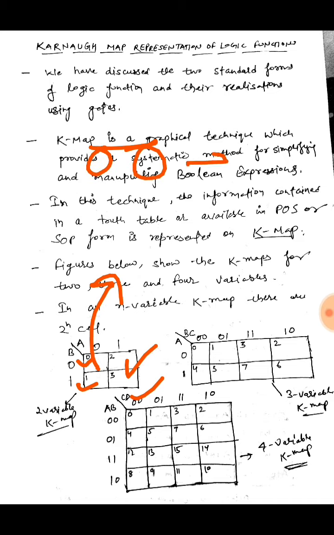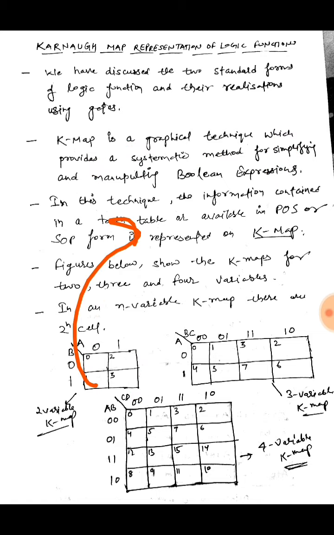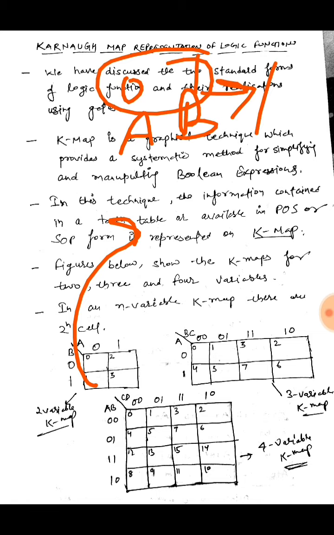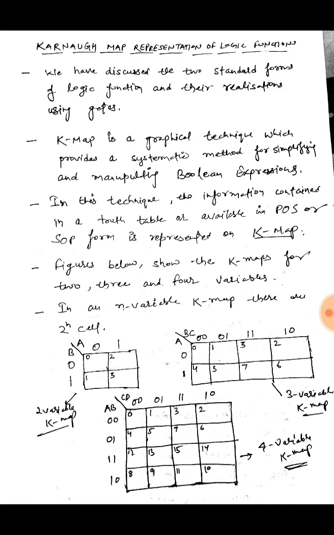So it would be 0. Similarly, this cell has the value of A 0 and B 1. So it becomes 1 because I have taken A on the upper side. So it goes like this: 0, 1, then 2 and 3.